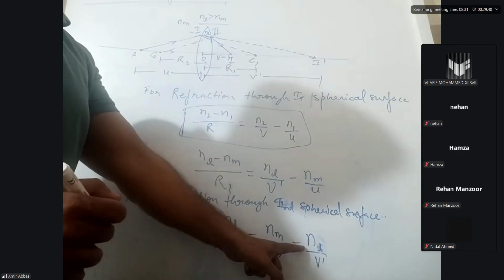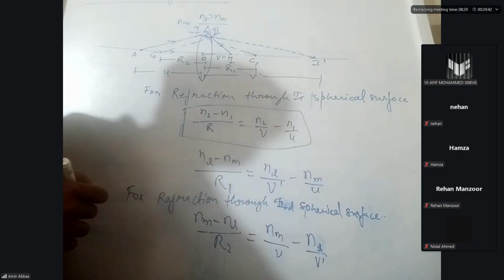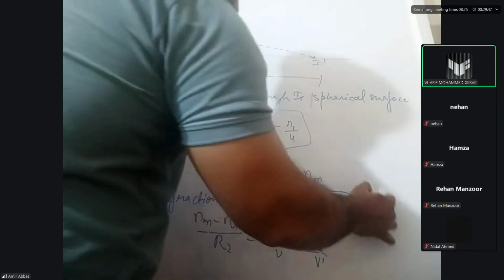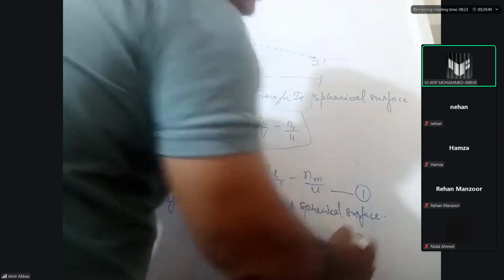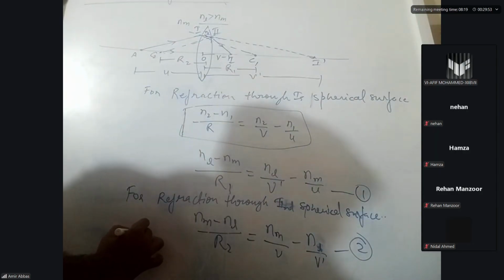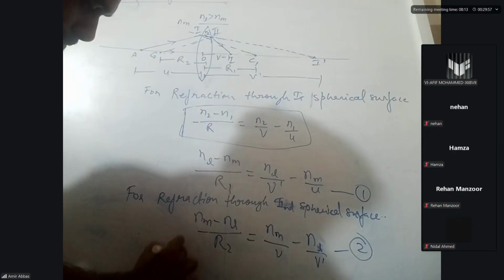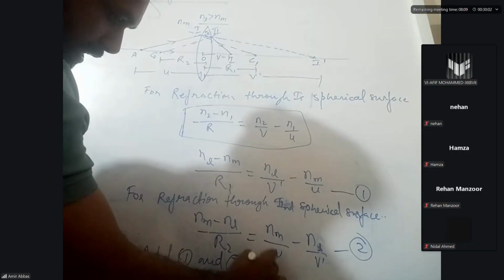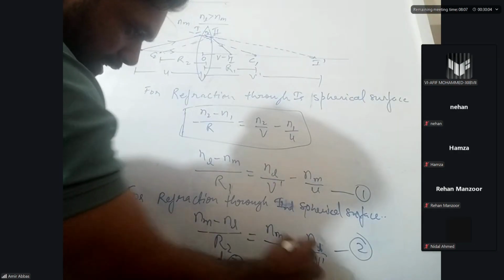Have you got this? So this is our first equation and this is our second equation. Can we add both of them? Add 1 and 2. What do we get?